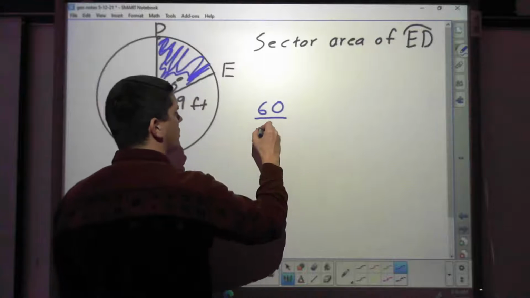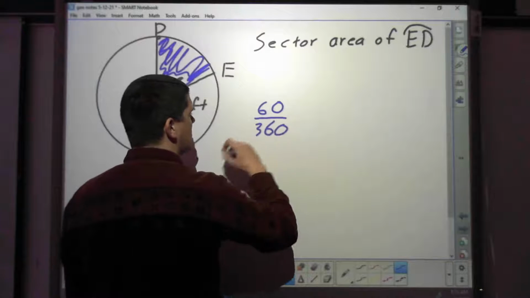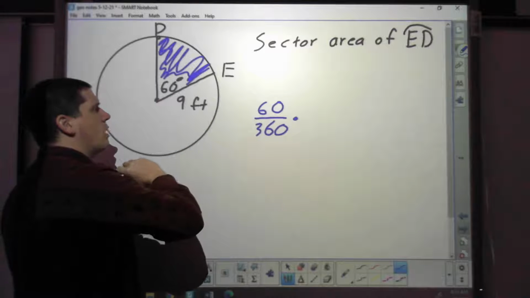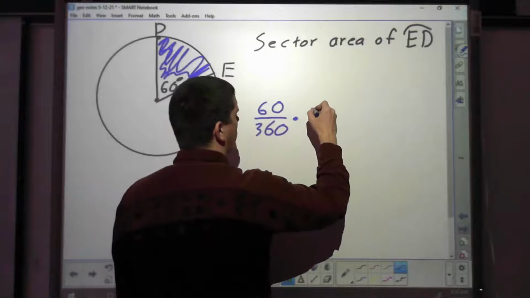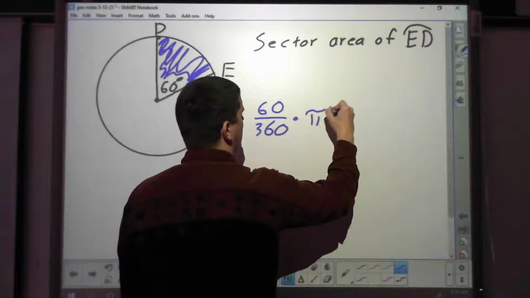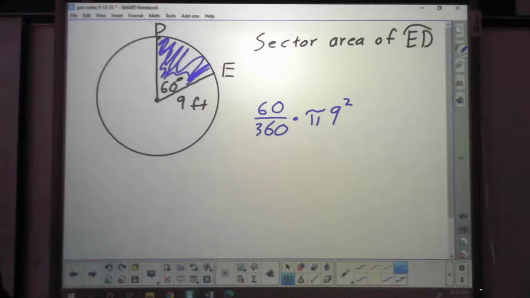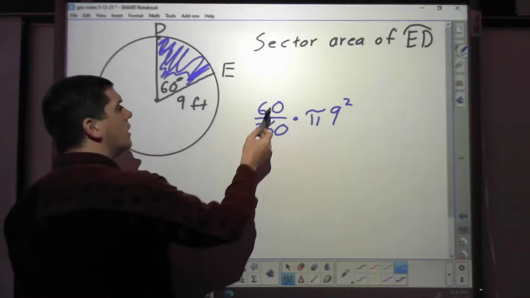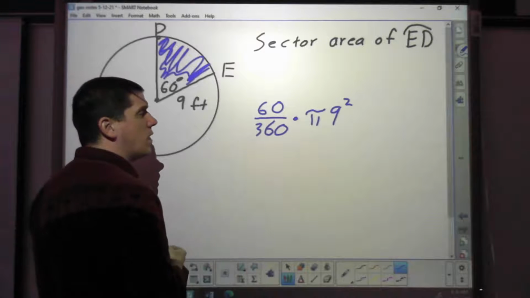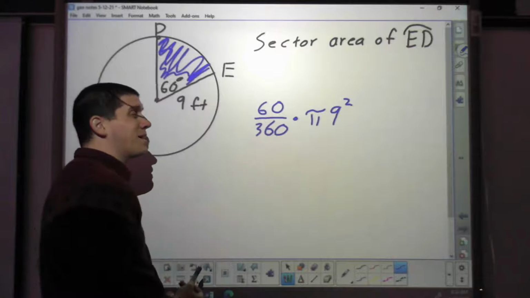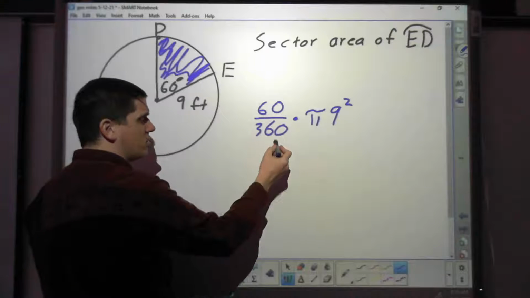60 over 360 times, and then right here we have pi times 9 squared. Now, conveniently, that reduces. I can divide top and bottom by 60, cancel out the zeros.